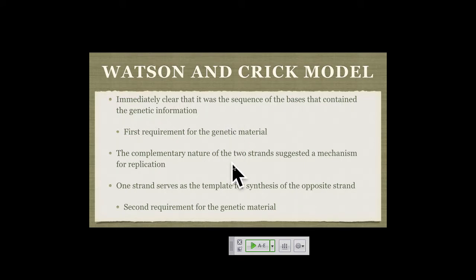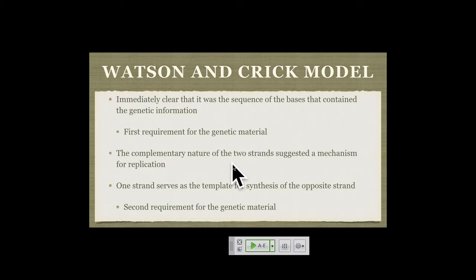The biggest problem with the protein model was, how do you have a mechanism to precisely replicate the molecule? So we have these 20 amino acids for proteins, and people are trying to come up with all kinds of models and templates and such. But in fact, the complementary nature, the fact that you got the A paired with T, G paired with C, immediately suggested that one strand could serve as a template to replicate the other.